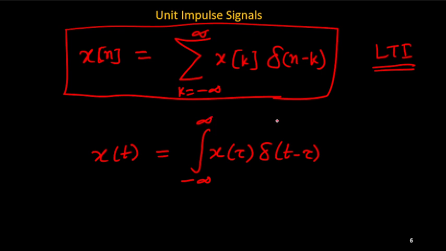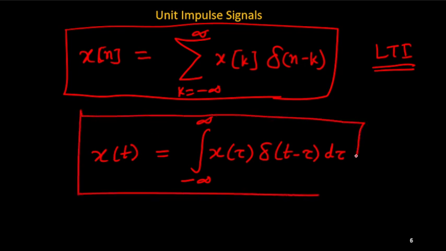Tau will vary from minus infinity to plus infinity, and this is integrated with respect to tau. This is for the continuous time domain, and we will be using this representation to get its impulse response and correspondingly the convolution.